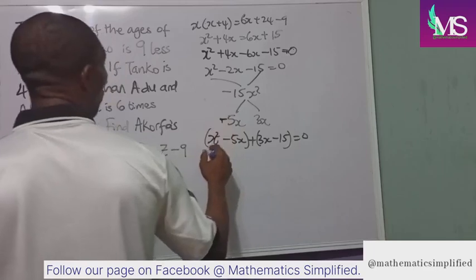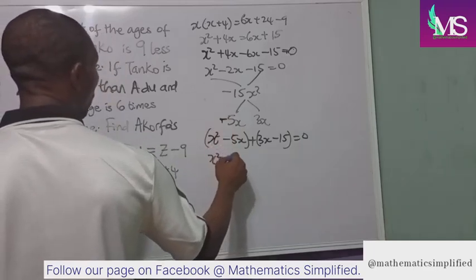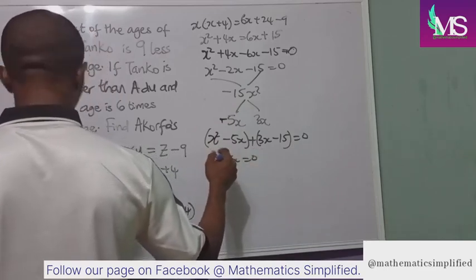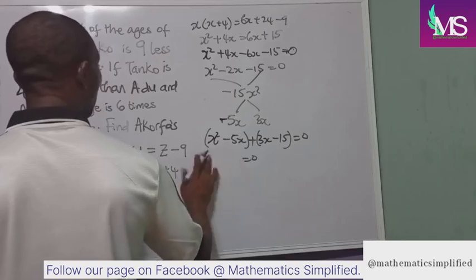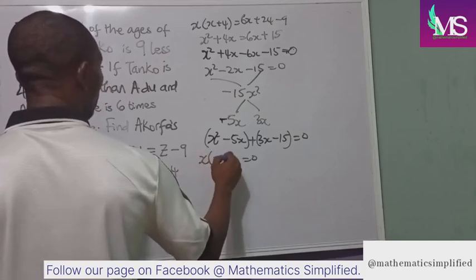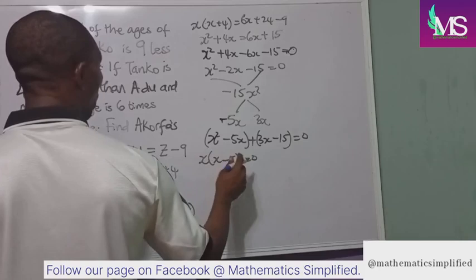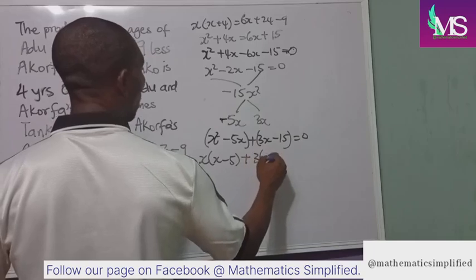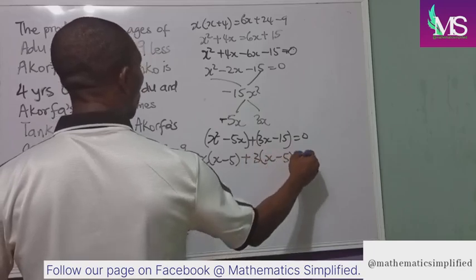Grouping them together, we are having X squared minus 5X equals 0. Okay, what's common here is X, so we have X bracket X minus 5. Okay, and what's common here is 3, X minus 5, all equal to 0.